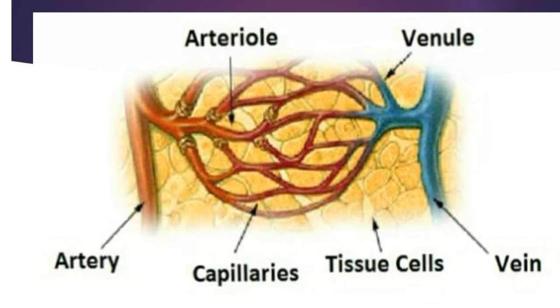Here you see the diagram of a capillary. Fluid input is from the arterial side and output is from the venule side. Capillaries contain simple squamous epithelial cells, called endothelial cells.